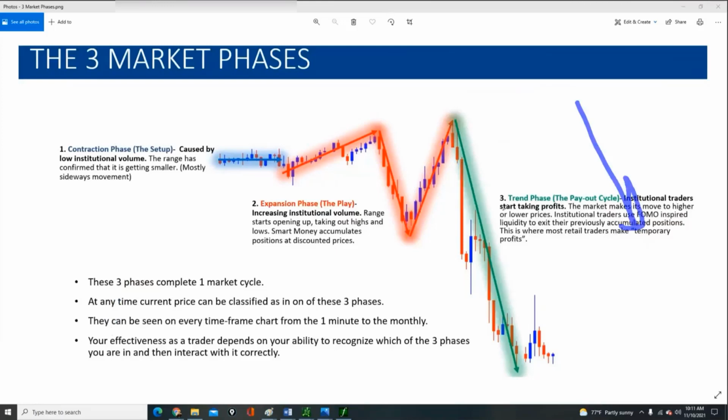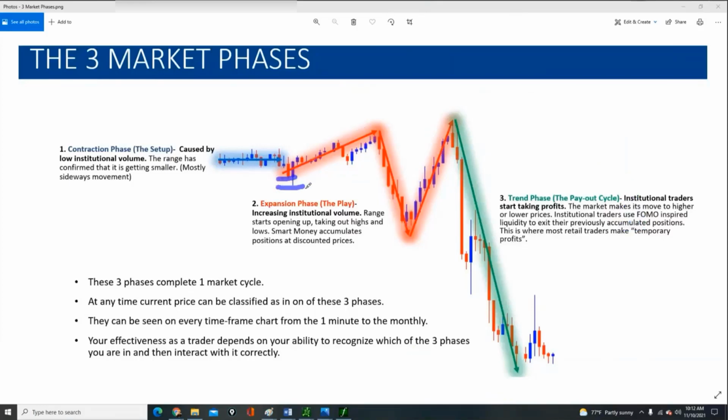Let's say your bias is down. When your bias is down, you're only trading to the downside. So if you go up, down, up, you get a divergence, you can attack it. Attack it. Because you know you're in the expansion phase ahead of the trending phase, and you understand what's going on.